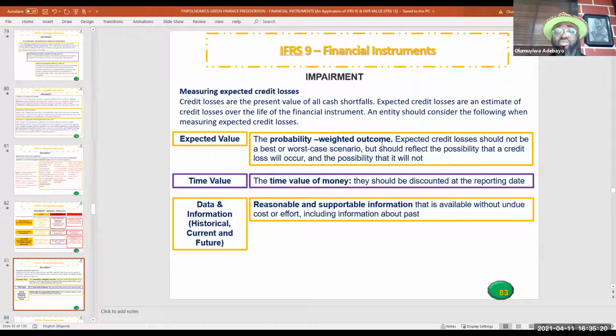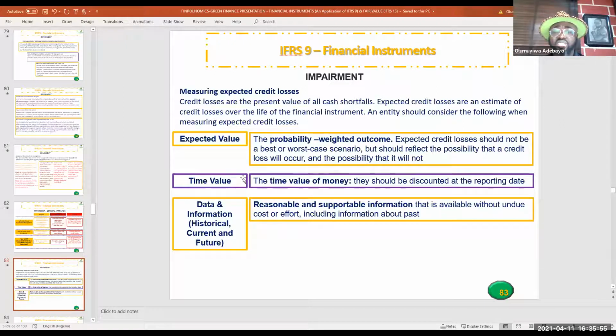And the probability weighted outcome is scenario based, which can come from best case scenario, worst case scenario, base case scenario, or by way of state of nature: most likely, most pessimistic, most optimistic, and different states of nature. But you always reflect the possibility that a credit loss will occur, and the possibility that it will not occur, which is why you factor probability. Probability is a chance of occurrence of an event out of all possible chances or possible outcomes.